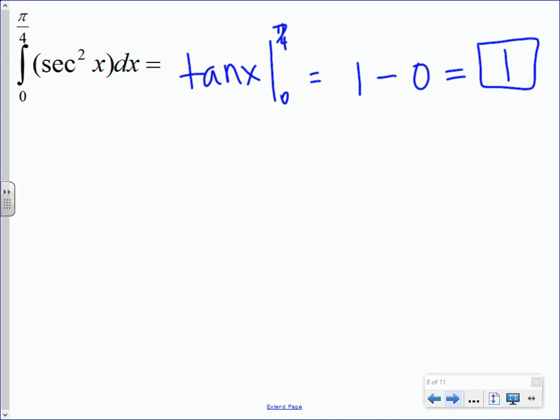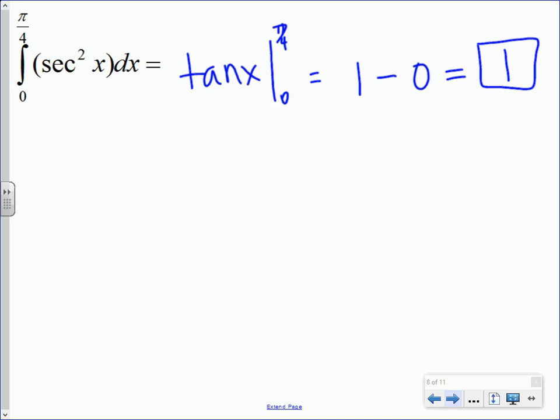Let's check our work. One thing that kind of stinks is we don't have a secant button, right?